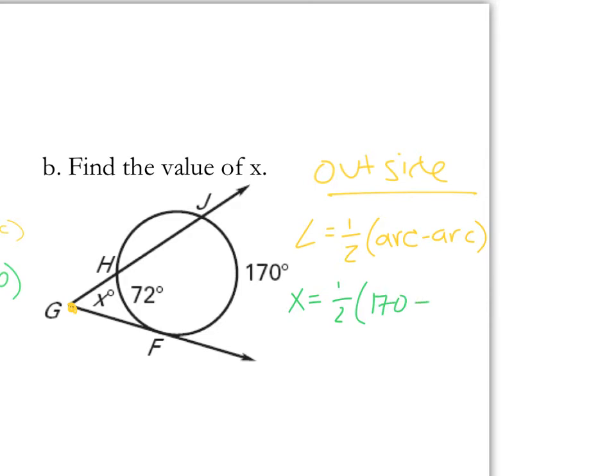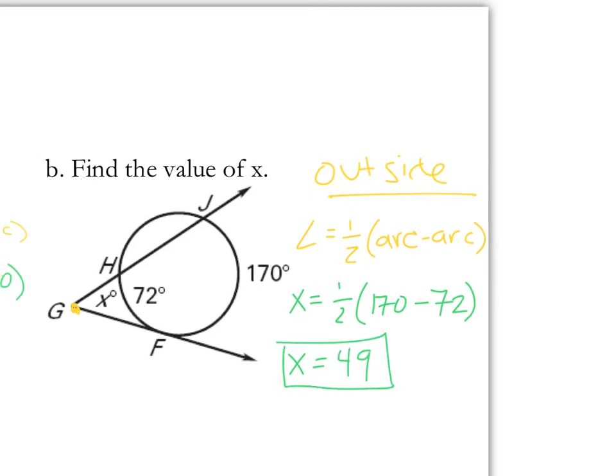My smaller arc is 72. And your bigger arc is always going to be the outer one. Out minus this inner. So now, all I got to do is punch that into my calculator. So 0.5 times, and then parentheses, 170 minus 72. And I get 49. And that is my x value.